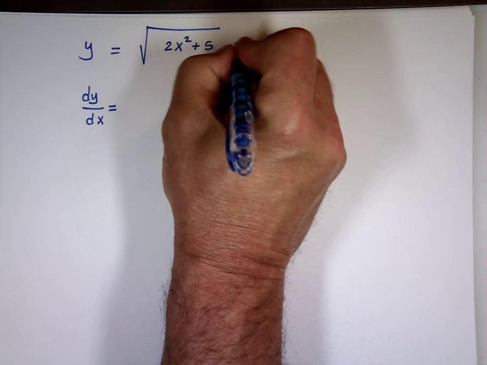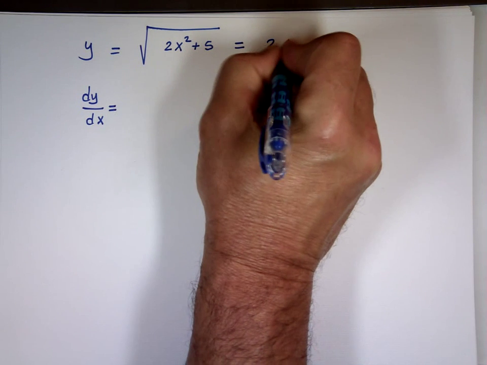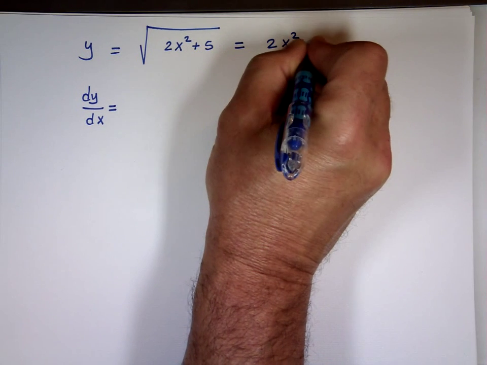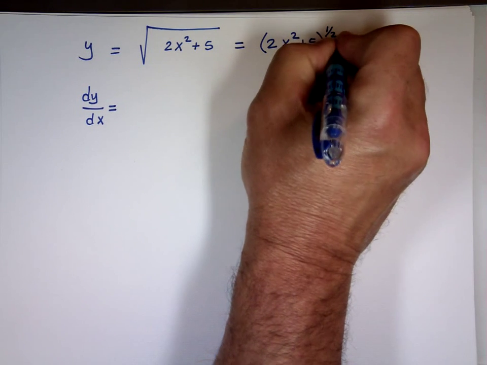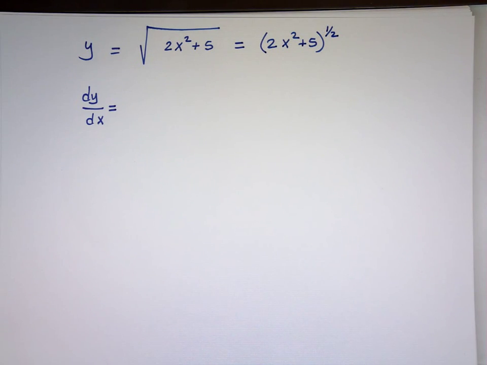Again, you can take this problem, write that as 2x squared plus 5 to the power of what? 1/2. So the chain rule, you want to use it when the power is different than 1. If the power is 1, you're wasting your time. There's no need for it. But if the power is different than 1, that's a good place to use it.